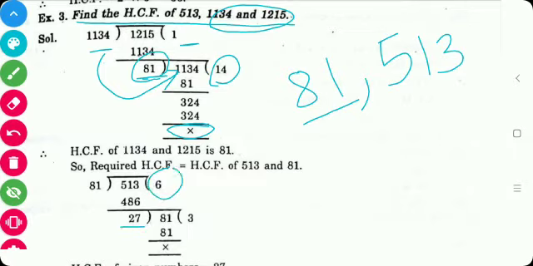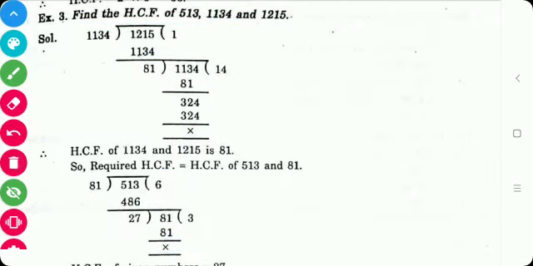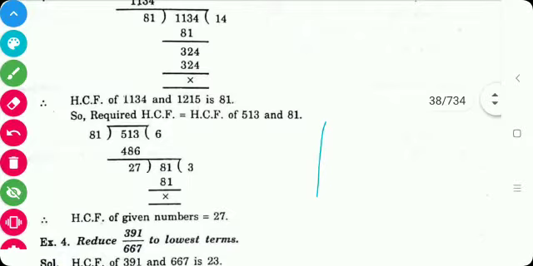Now this 27 is the new divisor and the previous divisor becomes the new dividend. Here the remainder is 0. Hence 27 is the HCF of 513, 1134 and 1215. So the HCF of the given numbers is 27.